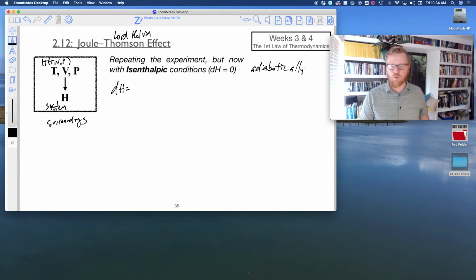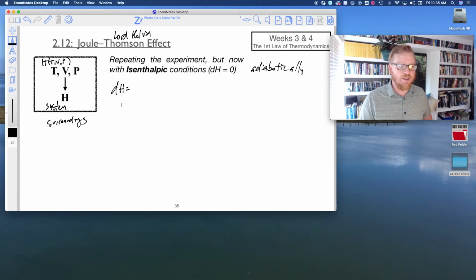Let's build up this exact differential expression of enthalpy, and talk about how when this Joule-Thomson experiment was repeated, it did lead to the first measurements of non-ideal behavior in gases.